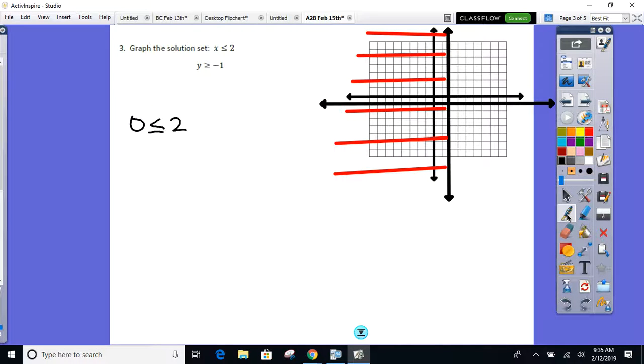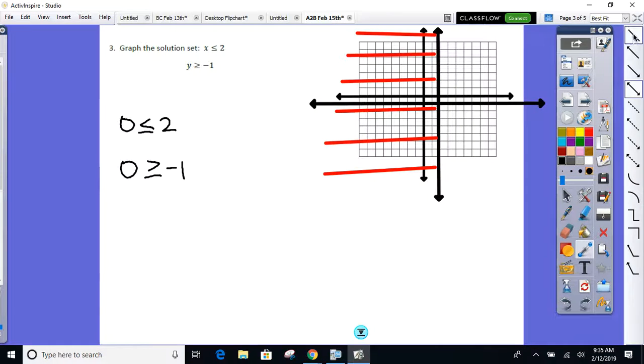Ooh, where's the shading going to be here? Is 0 greater than or equal to -1? Think about it before you answer. Yes, it is. So I should shade above, right? Shade above.